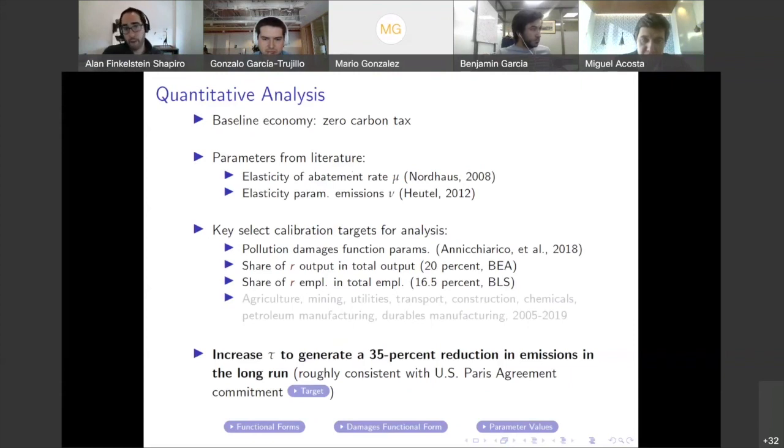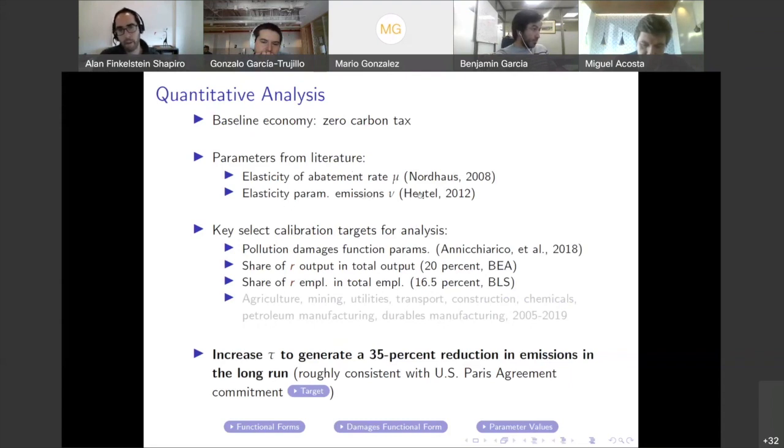There are some important parameters on the emission side, and here we adopt the parameters that people have used in the literature. There's a very famous study by Nordhaus that estimates the elasticity of abatement with respect to the output produced by firms. So we take that parameter from the literature, and the elasticity with respect to emissions.